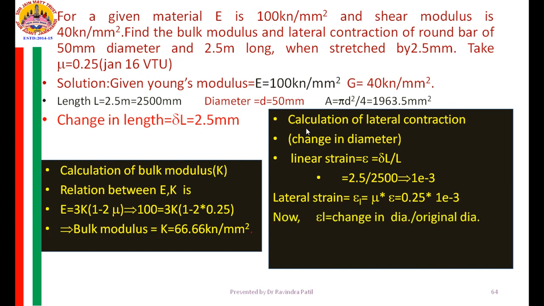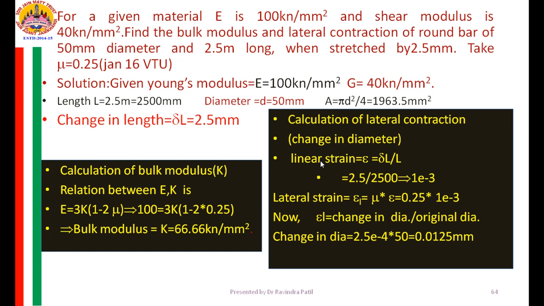Now, lateral strain by definition is change in diameter divided by original diameter. Exact definition is change in lateral dimension divided by original lateral dimension. Here, due to the applied load, the diameter happens to be the lateral dimension. Therefore, epsilon L is equal to change in diameter divided by original diameter.